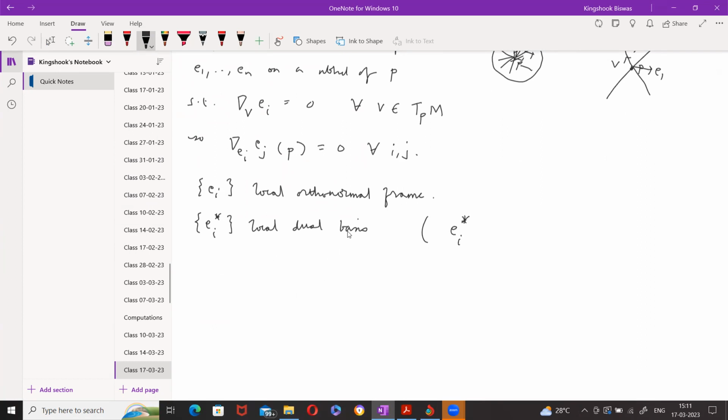If this is the dual basis coming from an orthonormal basis, then E_i star acting on a vector V will be what? Inner product, right? It will just be the inner product of V with E_i.